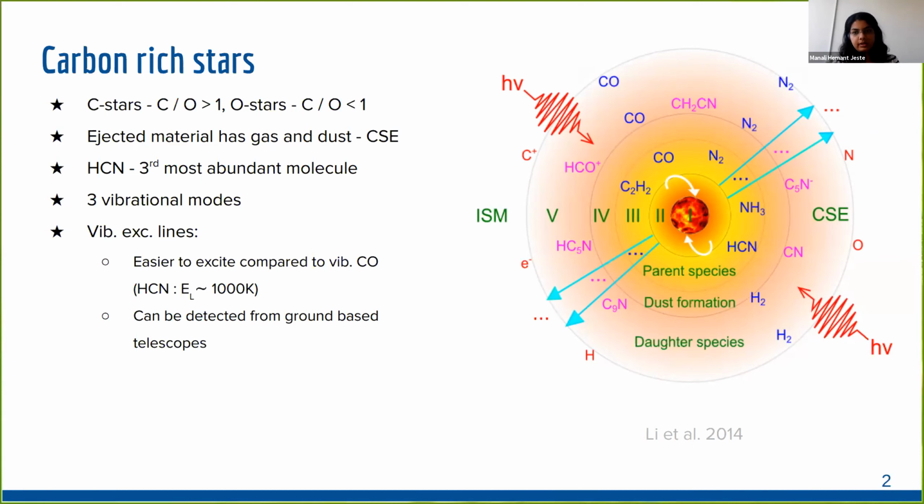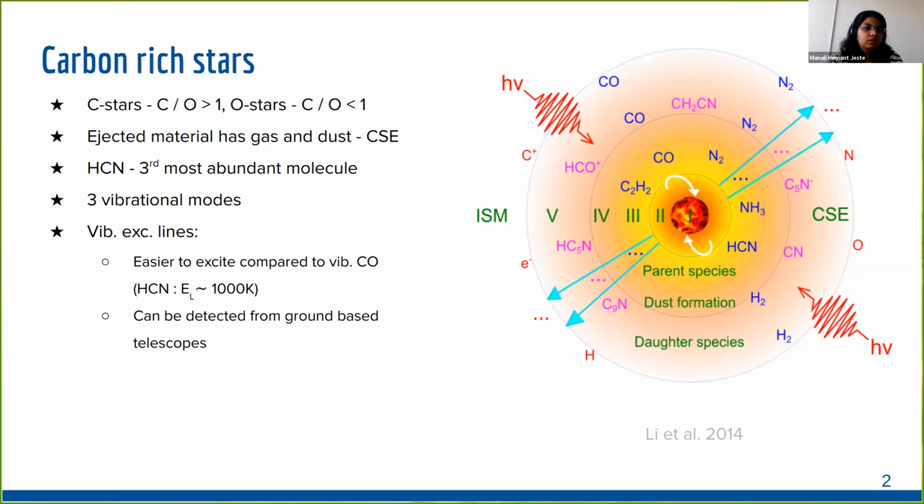This envelope is quite rich in molecular species. More than 90 of these species have been detected until now. HCN is one of the most abundant molecules, the third most abundant after molecular hydrogen and CO.